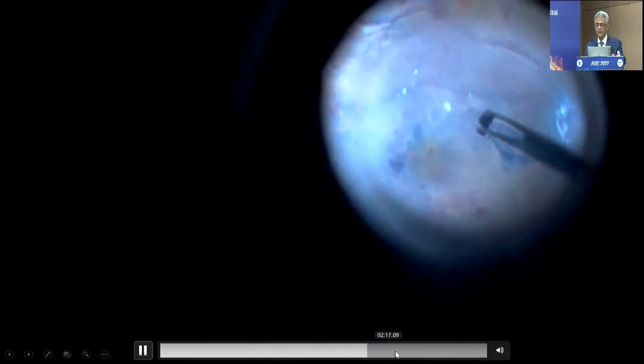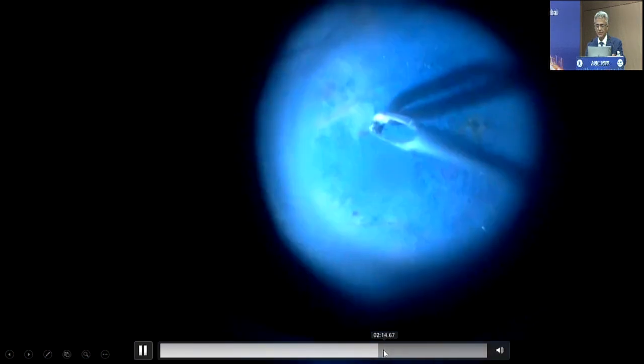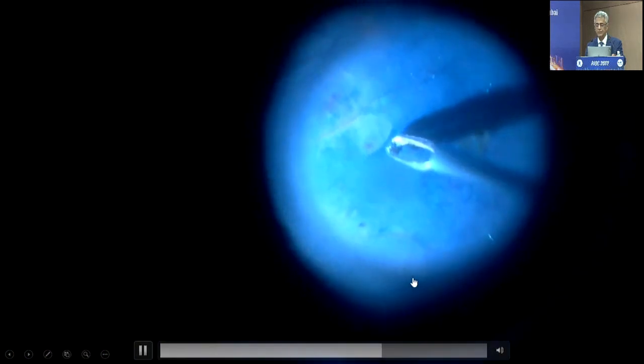The next dilemma is whether ILM removal should be done after this or not. By and large, most of us do attempt to remove the ILM. Here I am showing this direct pinch and peel technique where the ILM is being removed. I am making multiple flaps initially of the ILM, and try to remove it from the entire posterior arcade.